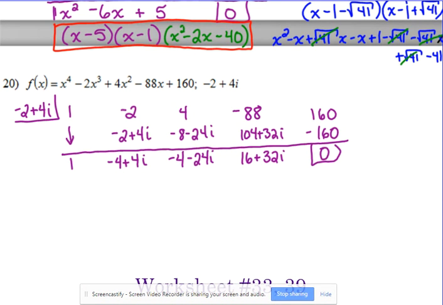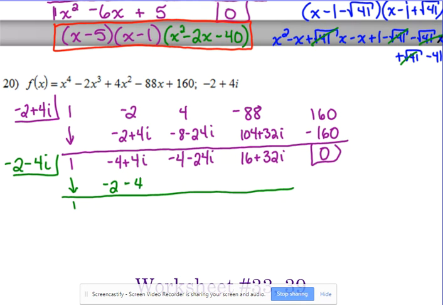Okay? All right. So, same thing. We don't put i's in polynomials, but it's going to go away in the next step when we put the conjugate, negative 2 minus 4i, on the shelf. And guess what? This one's going to be a little bit nicer. We don't need the calculator because the i's are going to cancel if we do it right.